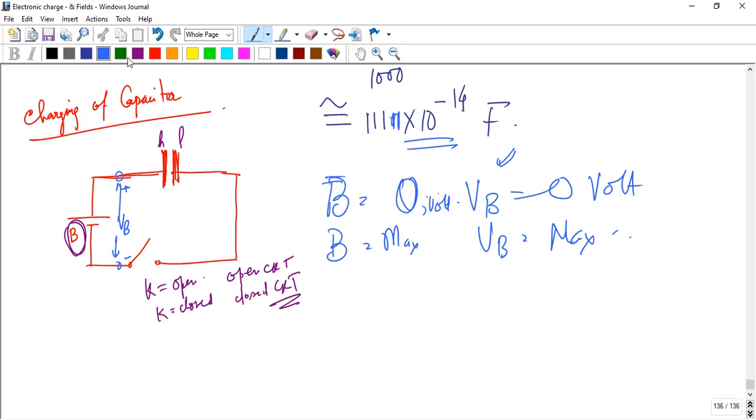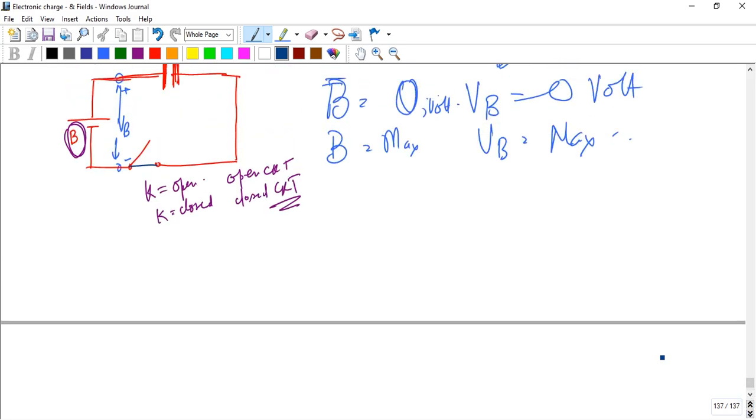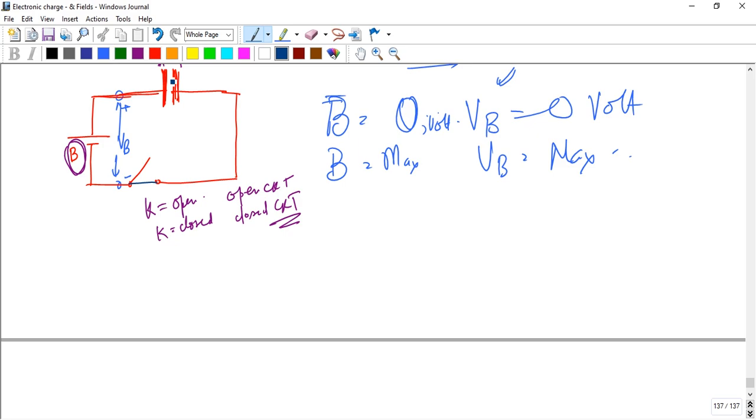Now the important thing is, when the circuit is closed and these plates, see very carefully, draw a new page, draw this plate here.